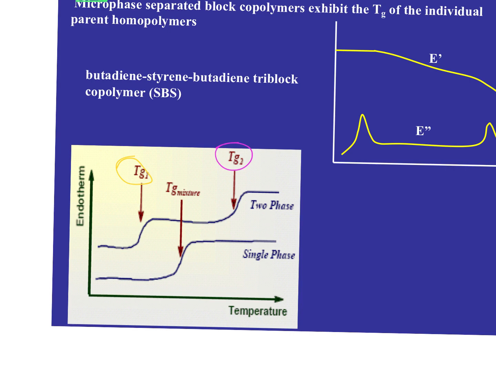When it's done in that way, and you have distinct areas of one and distinct areas of the other, it should make sense to you that you'll be able to see those individual glass transitions, because they become large enough that they can do what they would normally do if it was phase pure A and phase pure B. All right, so that should make sense.